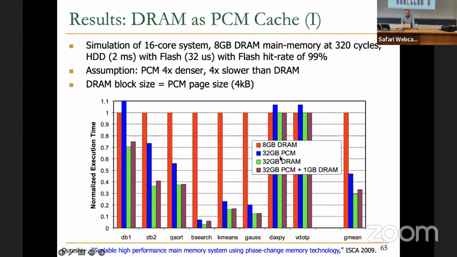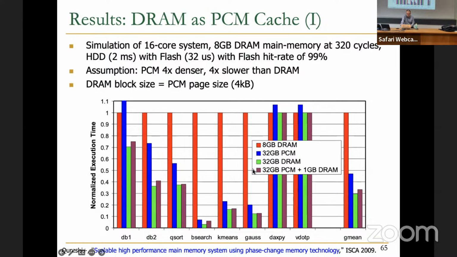But comparing these two baselines, PCM and DRAM, when they have exactly the same capacity, you can see that DRAM provides better performance. These results are very similar to the results that we reported in our work. Actually, this paper and that work were quite parallel. Both of them were published in ISCA 2009, so it's quite interesting in that sense as well.